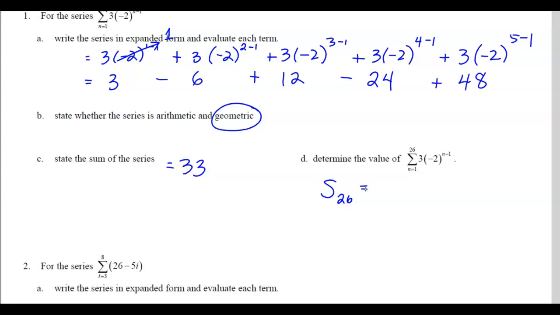We don't have the 26th term, so I'm going to use the formula from the day before yesterday. T1 times R to the N minus 1 over R minus 1. Refer back to your notes if you need to. So this T1 is 3, R is negative 2, N is 26.